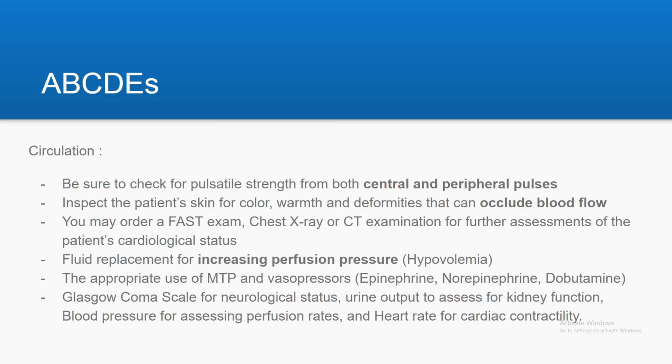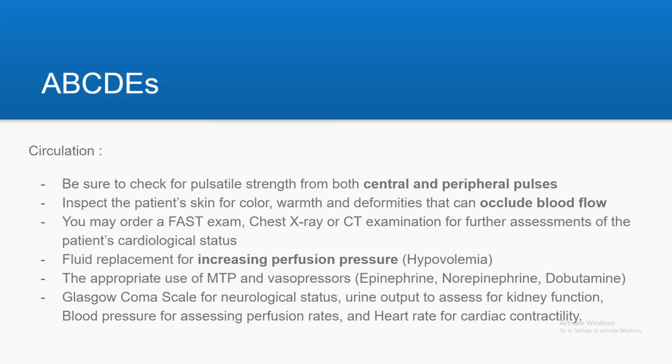Be sure to check for pulsatile strength from both central and peripheral pulses. You want to inspect the skin color, the warmth, and deformities that include blood flow. You may order a FAST exam. So this is a trauma exam using an ultrasound, a chest x-ray or CT examination for further assessment of the patient's cardiological status.